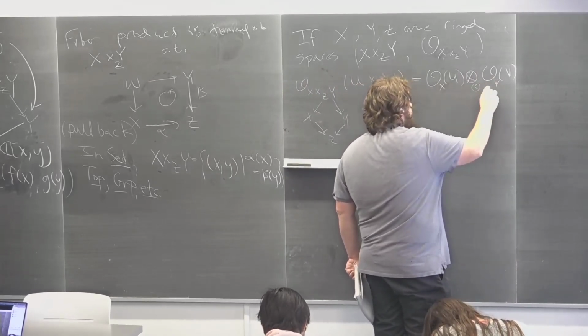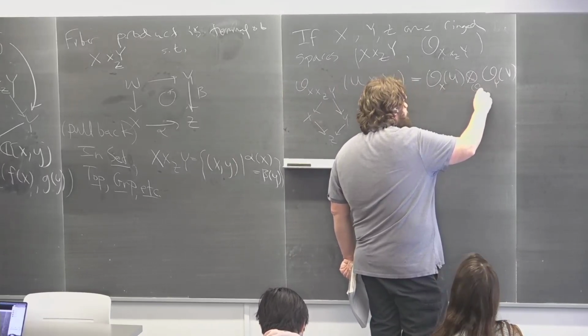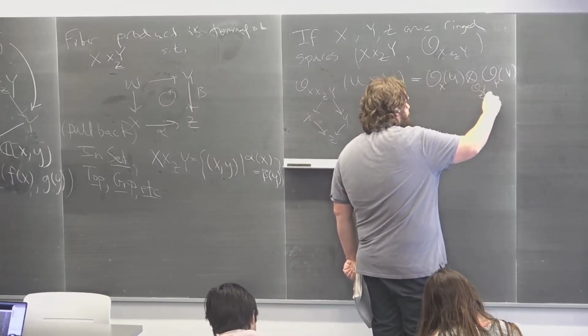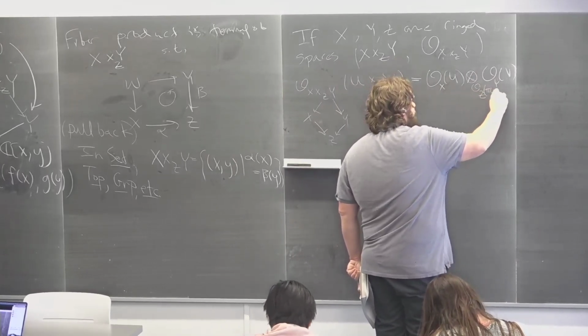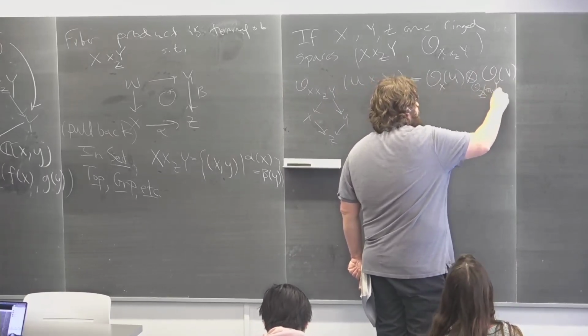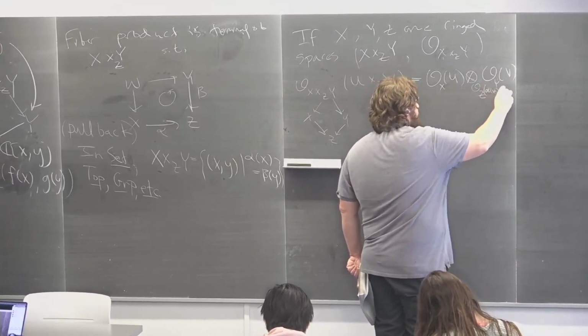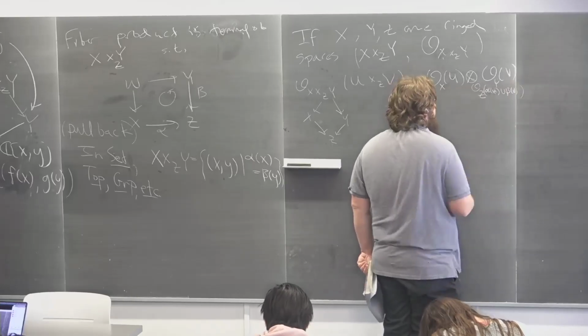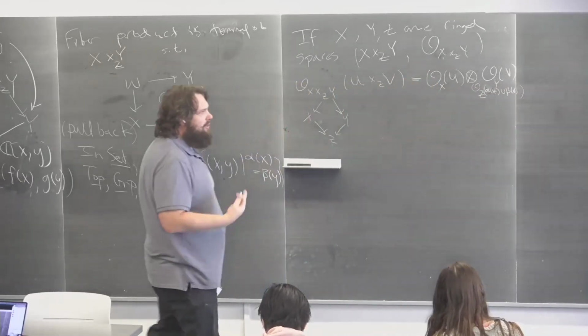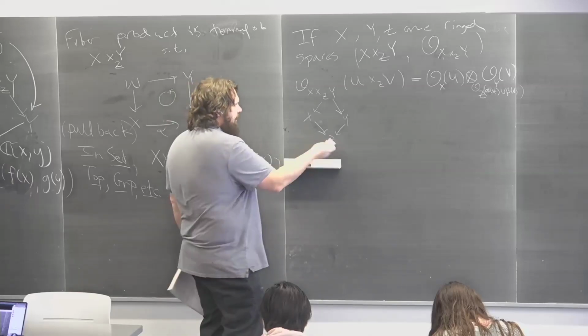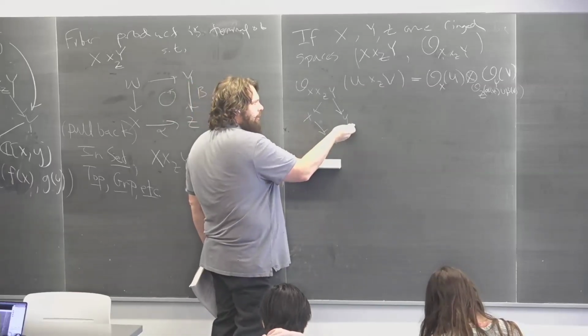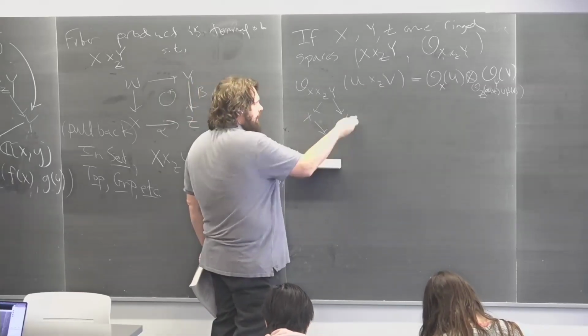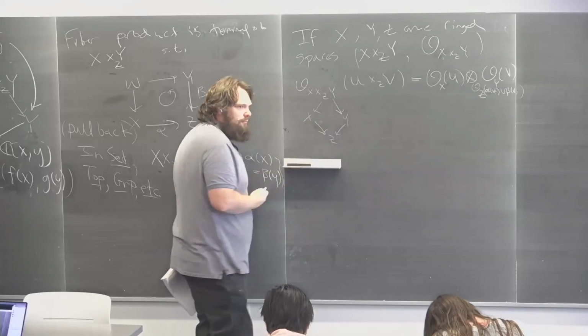I want to take O of X evaluated on, and I'm going to be a little vague about what subset of Z I want to take here. It doesn't really matter that much for my purposes. But the point is I'm taking a tensor product because if I have a function on Z and I pull it back to X and I pull it back to Y, then that should have the same image here.